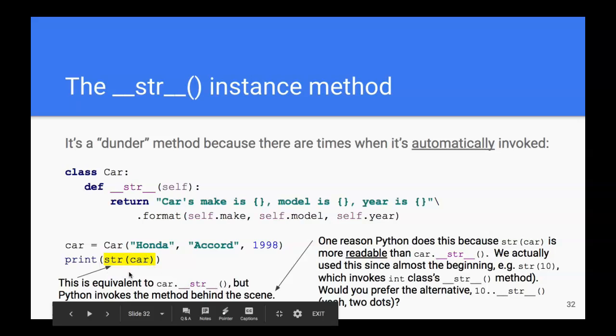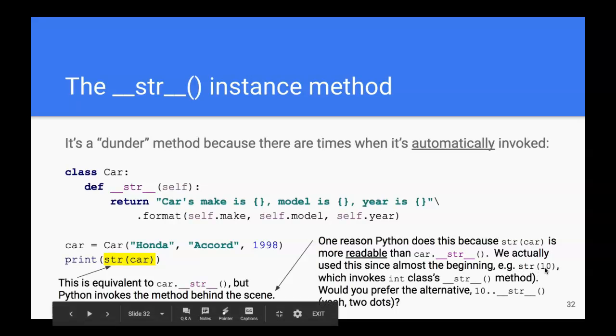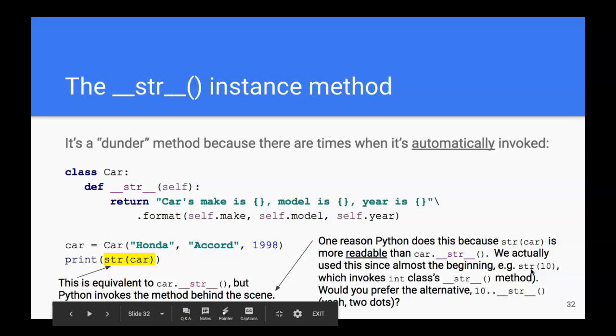But this is pretty familiar to us because we have done that before. When we want to convert, say, an integer to a string, we just put that integer into str to convert an integer to a string, right?